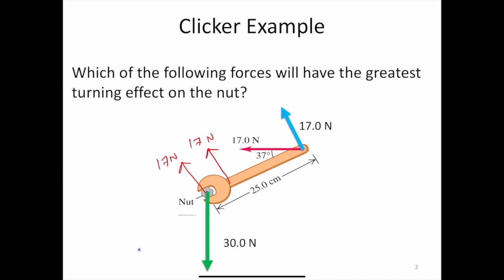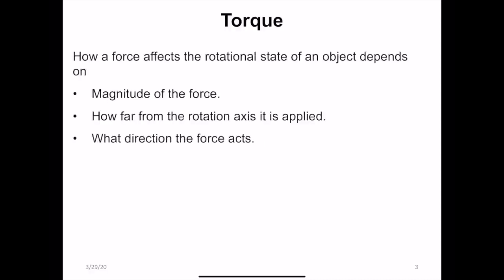And likewise, the red arrow is a 17 Newton force applied far away from the axis, but since it makes a 37-degree angle, it does not quite have the same turning effect as a 17 Newton force which makes a 90-degree angle with the wrench. So the three factors which determine the torque are the magnitude of the force, how far from the rotation axis the force is applied, and what direction the force is acting in.